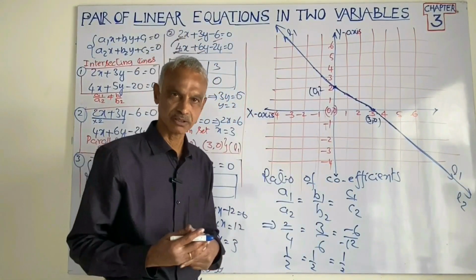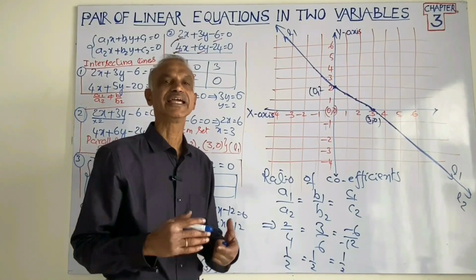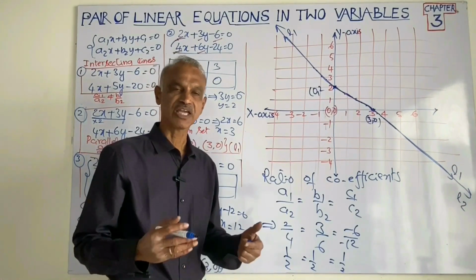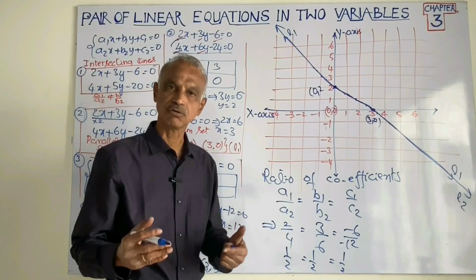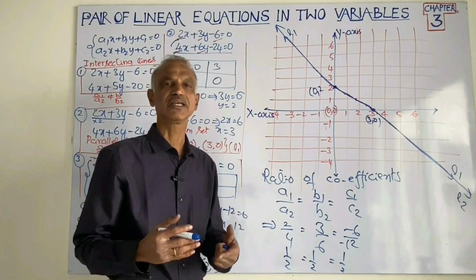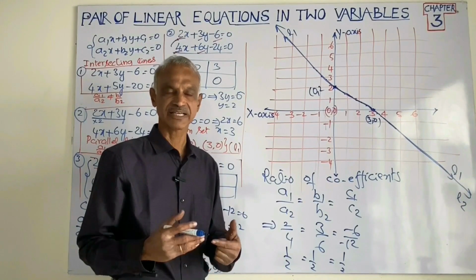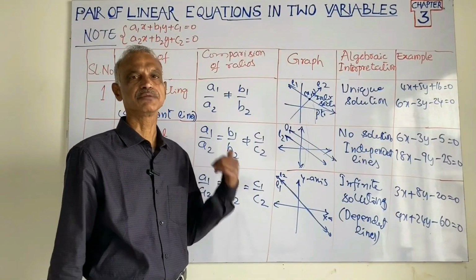If a1 by a2 is not equal to b1 by b2, then they are called intersecting lines. They will have a unique solution. If a1 by a2 is equal to b1 by b2 and not equal to c1 by c2, then they are parallel lines. There is no solution for those lines. They are inconsistent lines. This table is very important.